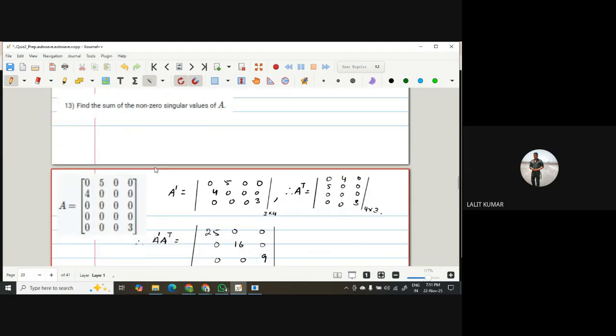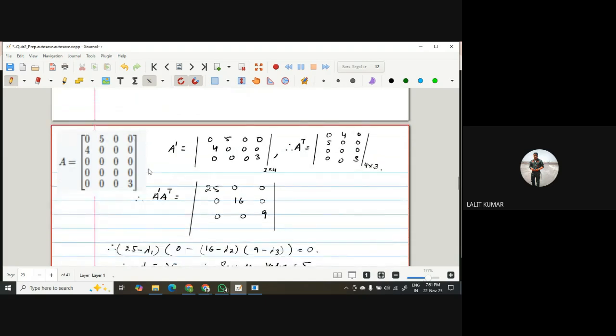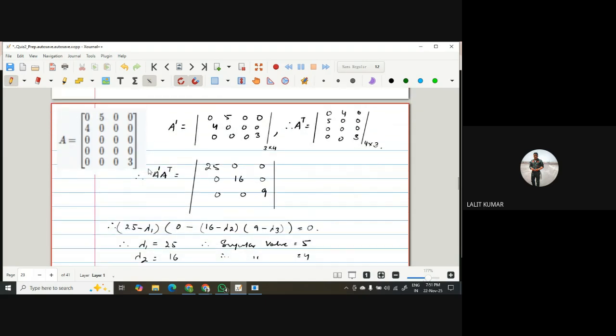Find the sum of the non-zero singular values. For this, we have to calculate the singular values. How do we do that? First, I have removed these zero values and found A dash, and then I found A dash transpose. Then we multiply A A transpose. This is the standard method of finding the eigenvalues.